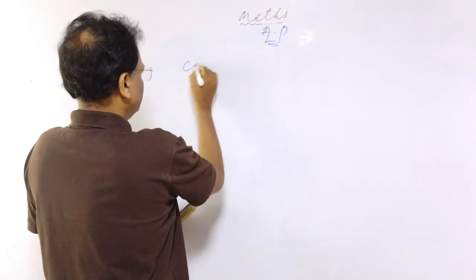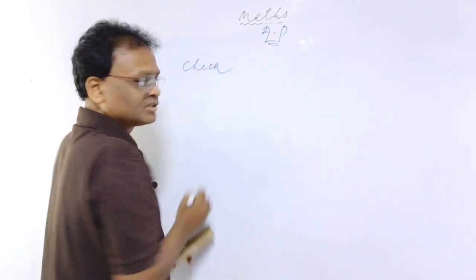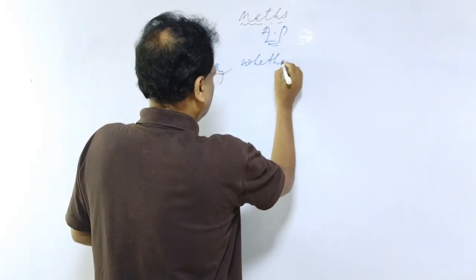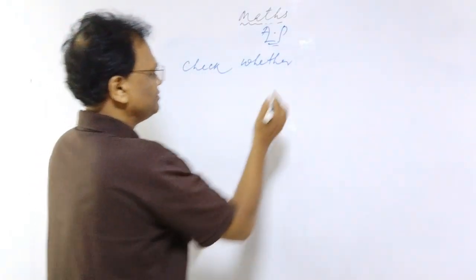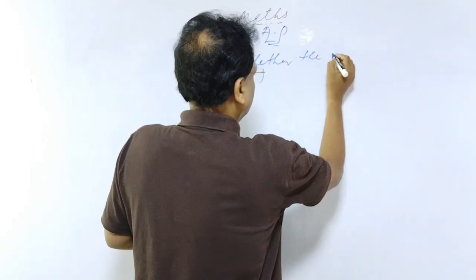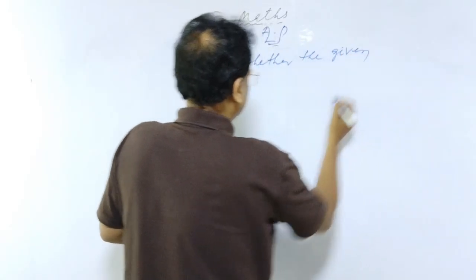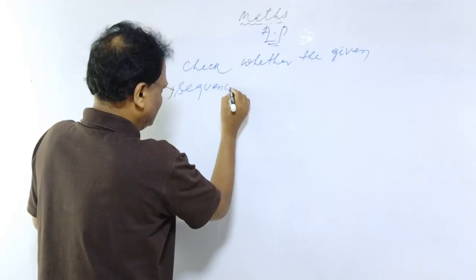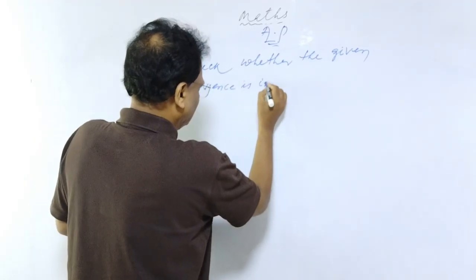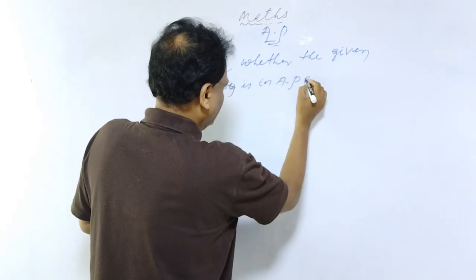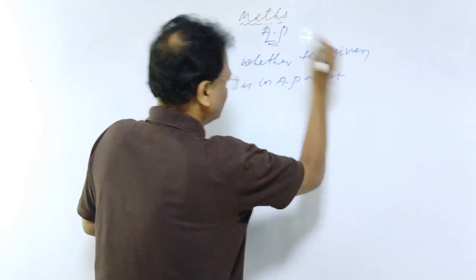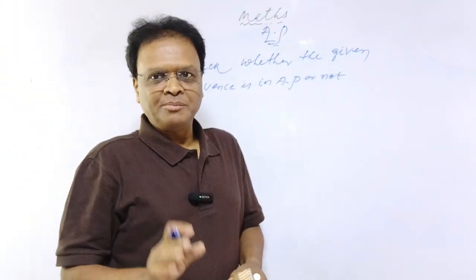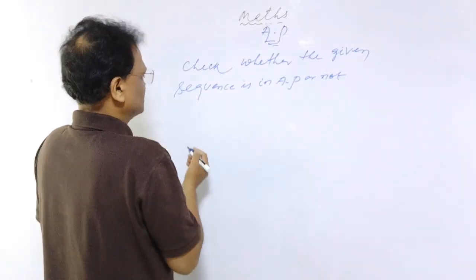The question is: check whether the given sequence is in AP or not. I have to check whether the sequence is in AP or not. Suppose let me take one sequence.